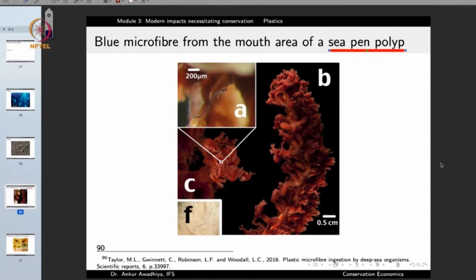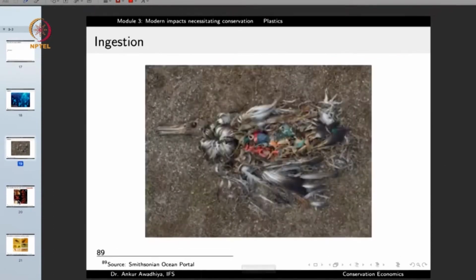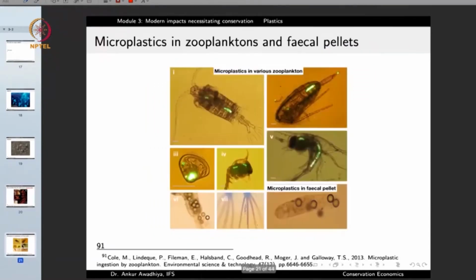Now remember that plastics are synthetic substances, and before they were invented, there were no plastics. All the other things that nature was making were biodegradable, but these plastics are not. So we can observe plastics in large animals, we can observe plastics in small animals, and we can even observe plastics in microscopic animals, such as these zooplanktons.